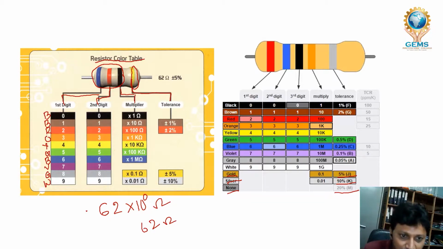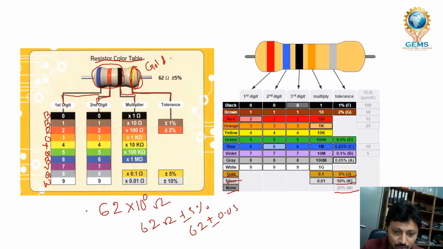Since it is gold, the tolerance is 5%. 5% means 0.05. So plus or minus 0.05. What happened?